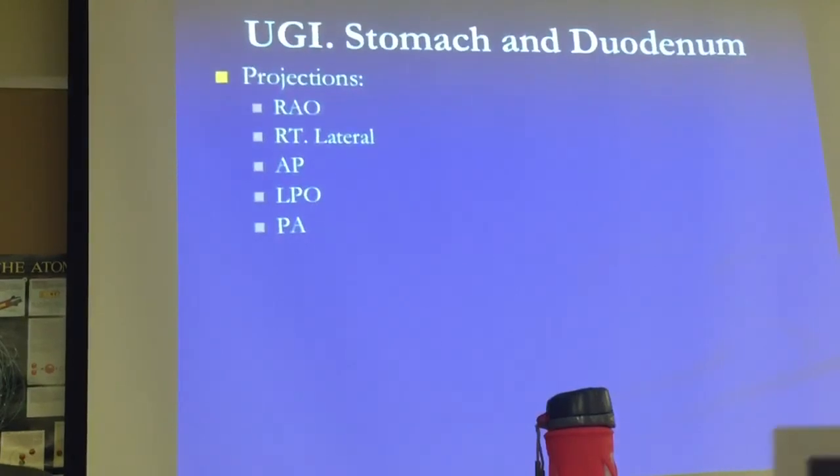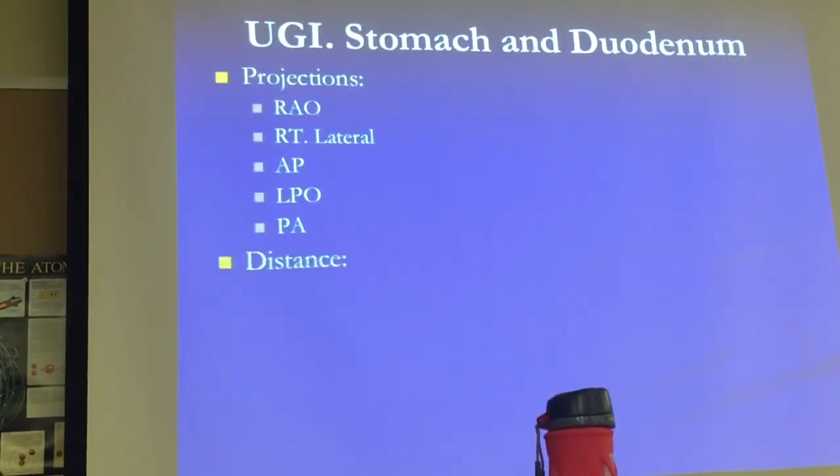You can have less, you can have more, but a typical upper GI study will include these 5 projections, in addition to the scout KUB.